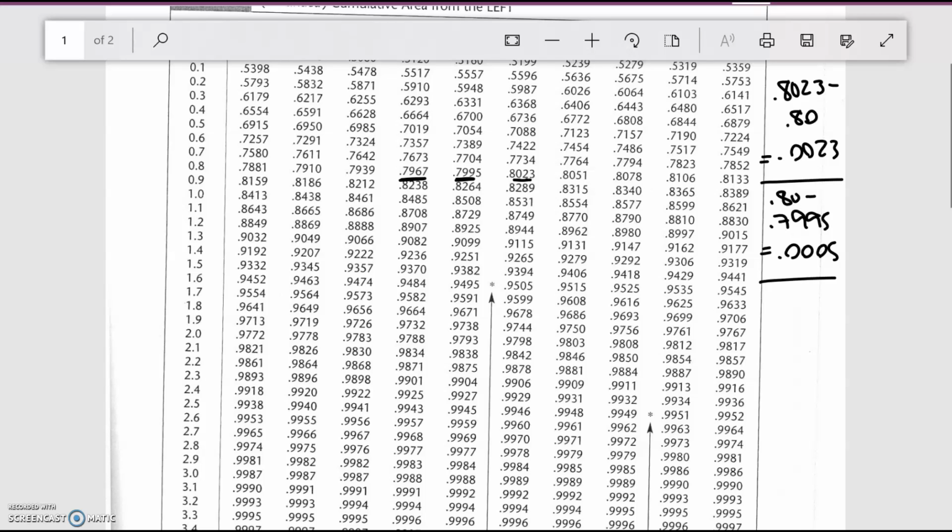And then the last one, 0.80 minus 0.7967, which will get you 0.0033. Whichever of these is the smallest number means those two numbers are the closest. Since this is the smallest, the 0.80 and the 0.7995 are the closest, so that's the one I need to use. This one right here.